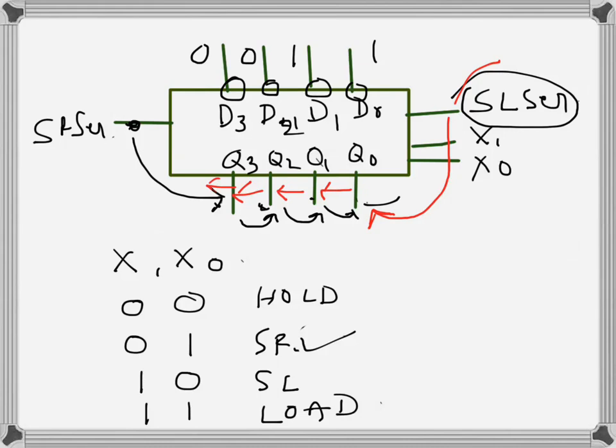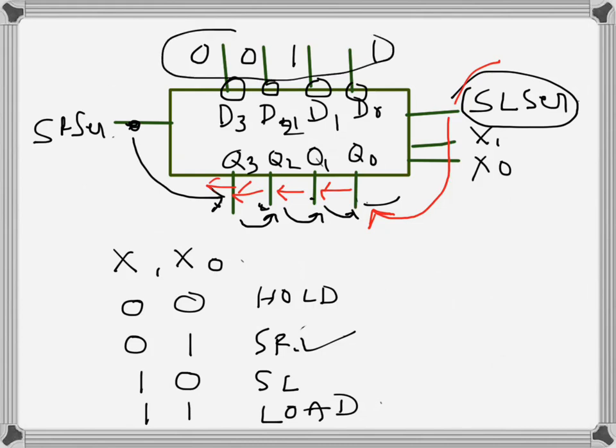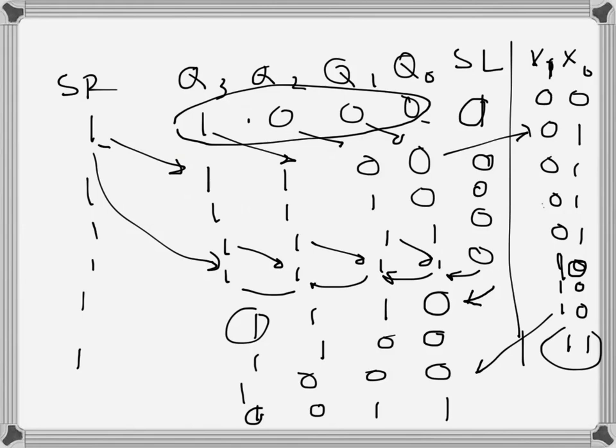So these are the input bits, and when the X1, X0 are 1, 1, whatever is here will be loaded, so it will become 0011 because this is just loaded to the output, so it's loading new data. So that's how it will operate.